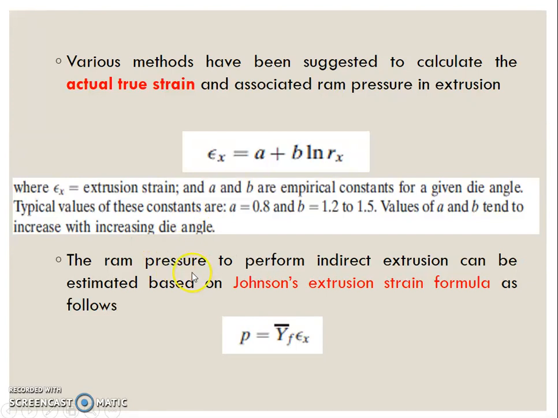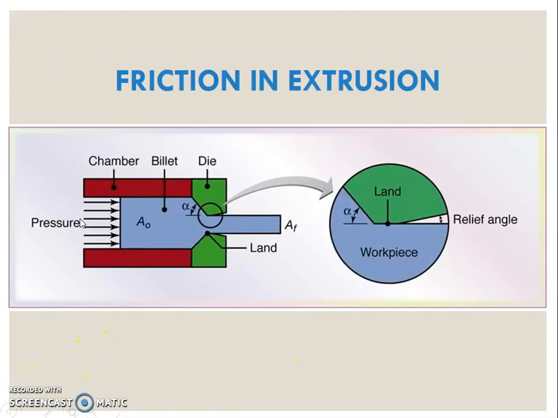The ram pressure to perform indirect extrusion can be calculated by using the Johnson extrusion strain formula, which is P equal to average flow stress times epsilon x. Compared to the indirect extrusion, friction in the direct extrusion is a little bit complicated.